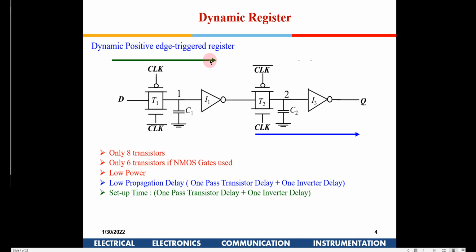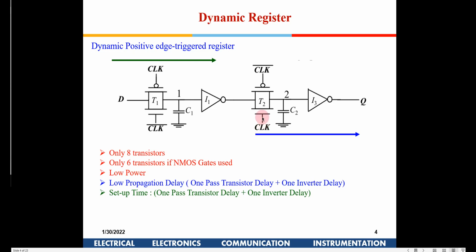Okay, the setup time, again, if you remember from the last class, we defined as the time before the positive going edge of the clock that the data should be settled, right? If the data is going to get disturbed beyond the setup time, then the correct data will not be sampled out here.